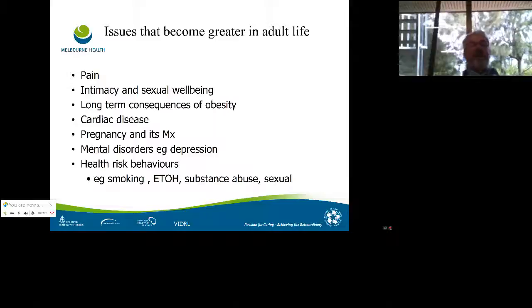Depression is at an increased risk in this age group, and interestingly enough, there is an increase in health risk behaviours in smoking, ethanol, substance abuse, and sexual high-risk behaviours in this group compared with others.